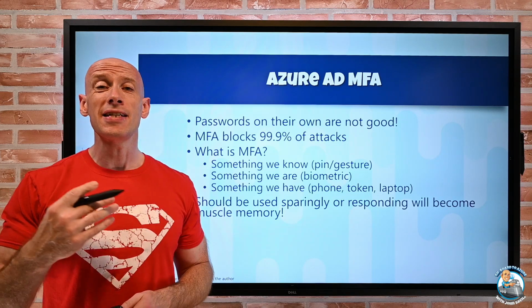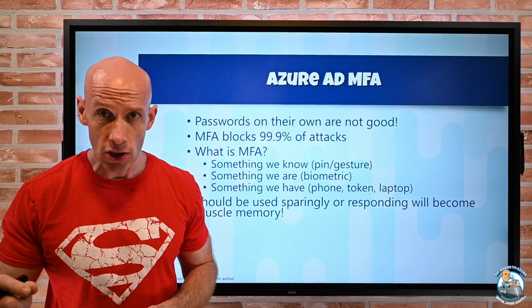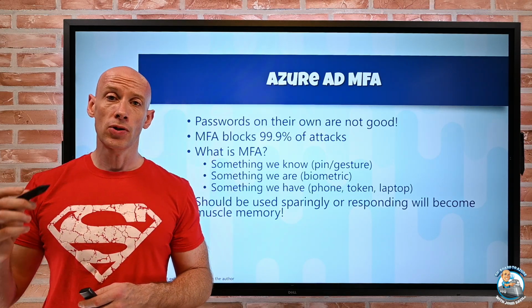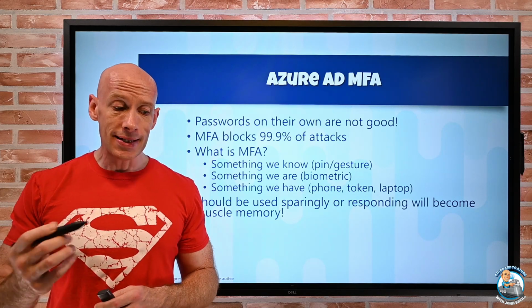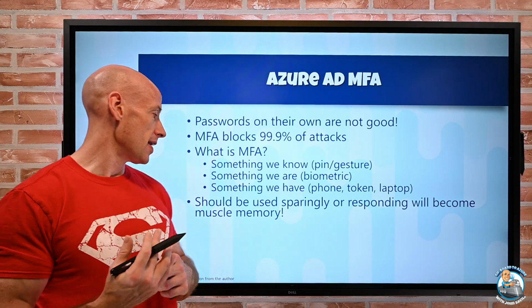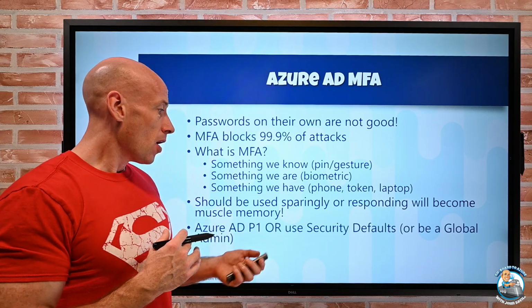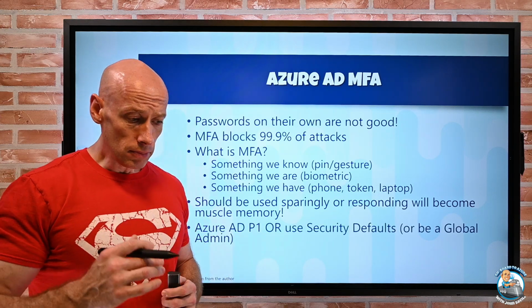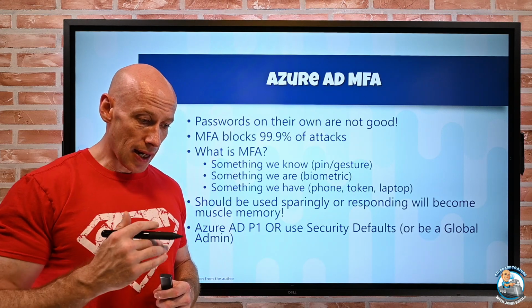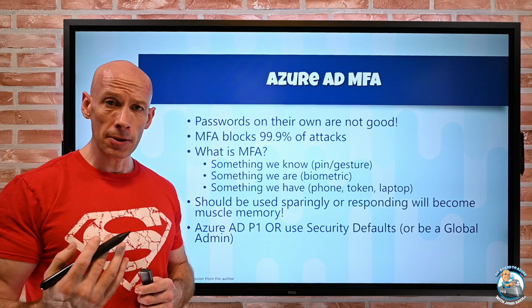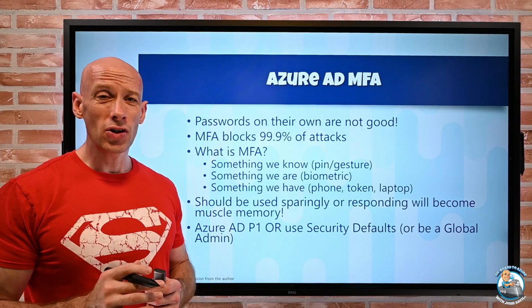Now that's when things like Identity Protection, another P2 feature, is so powerful, because Identity Protection can detect those kinds of risk behaviors. Now, MFA is part of Azure AD P1. So to actually get this, I need Azure AD P1, or I can turn on security defaults.